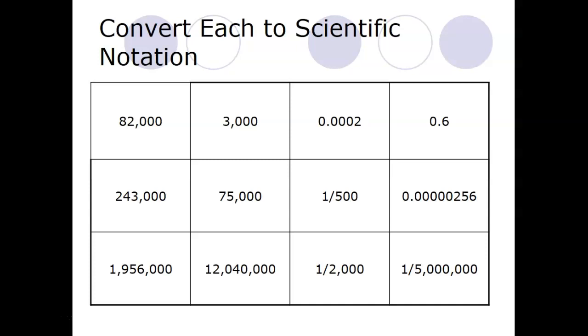That's what I meant by you have to have a number between 1 and 9 in front of your decimal. 0 is not acceptable in front of the decimal. Only one number in front of the decimal, and it must be a number between 1 and 9 in front of the decimal.